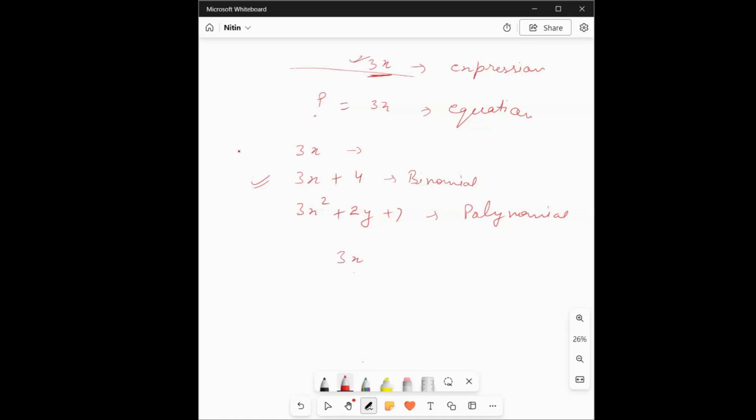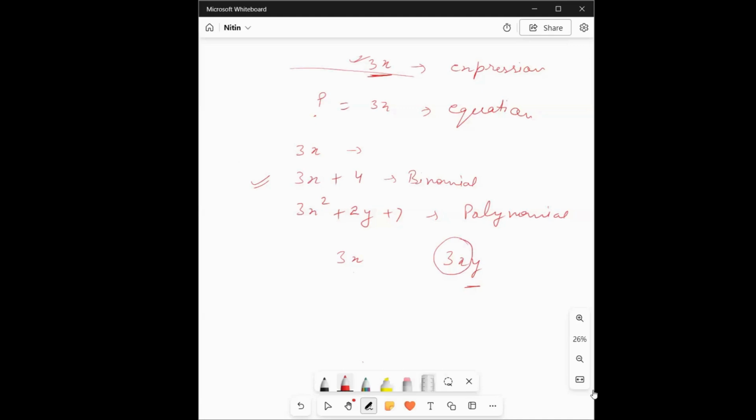And what is the coefficient of 3 here? x. And suppose if I write 3xy, the coefficient of y here is 3x. So the number or the variable multiplied with that is the coefficient.